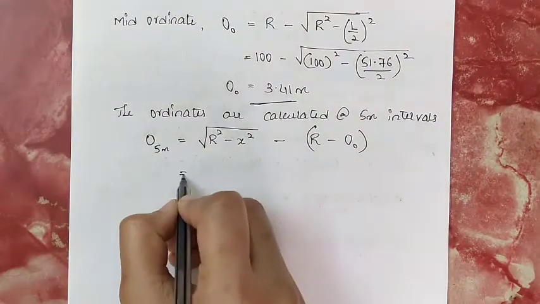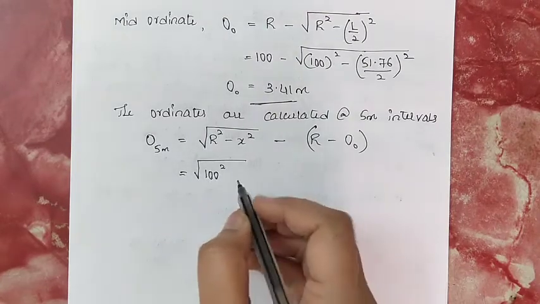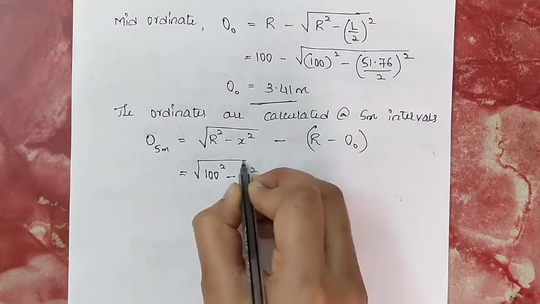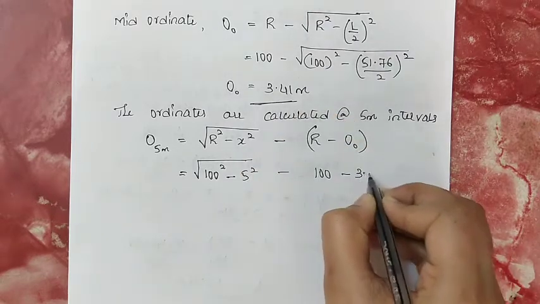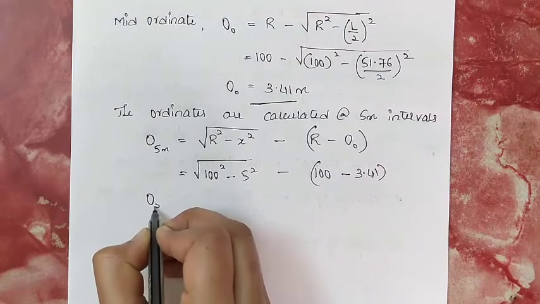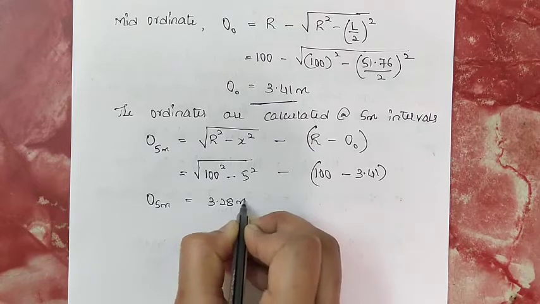Substitute the value: square root of 100 square minus x square, interval 5 square, minus 100 minus mid-ordinate 3.41. You will get the offset at 5 meter interval as 3.28 meter.